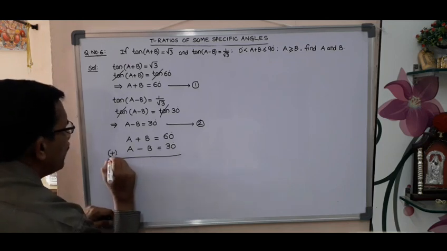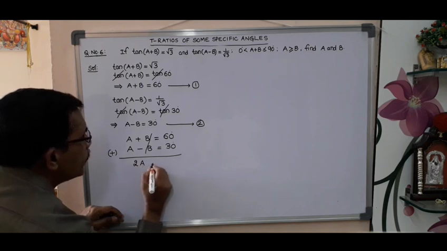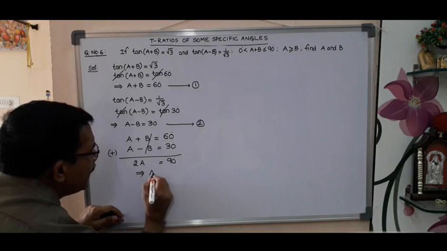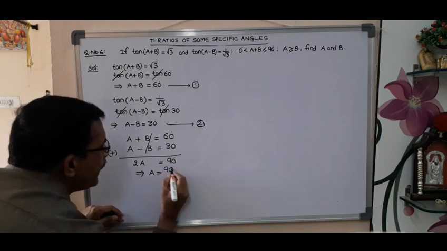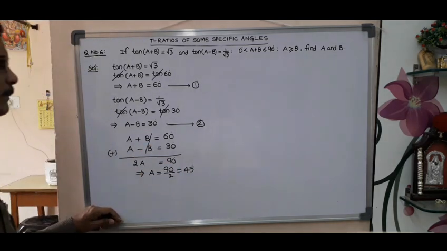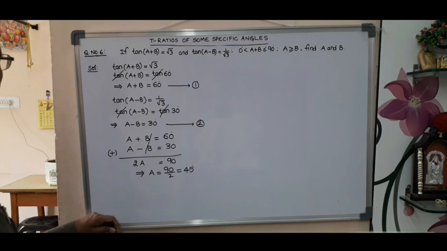Adding both the equations, the b terms will get cancelled. 2a is equal to 90 degrees, so a is equal to 90/2, which is equal to 45 degrees. We will substitute the a value in equation 1 or 2 to get the b value.